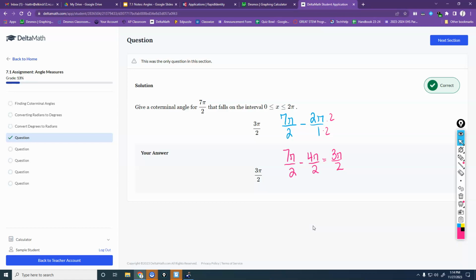So if it's bigger than that, then you know you need to subtract. If it's smaller, like maybe they give you 3 pi over 4, they're probably not going to do that there. But that one is already between 0 and 2 pi because it's 2.35, and 2 pi is like 6.28. Does that make sense?